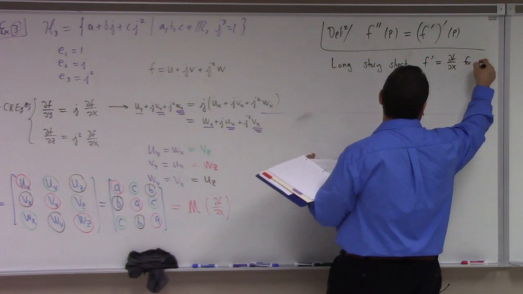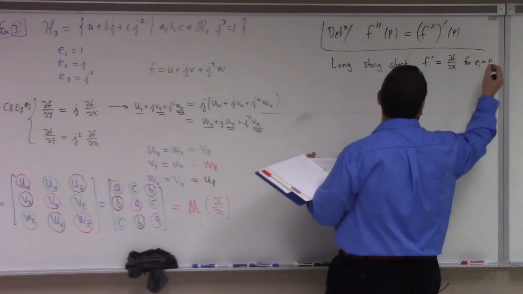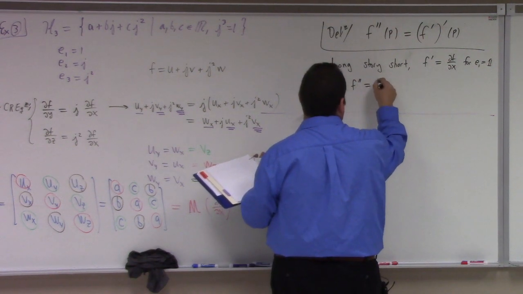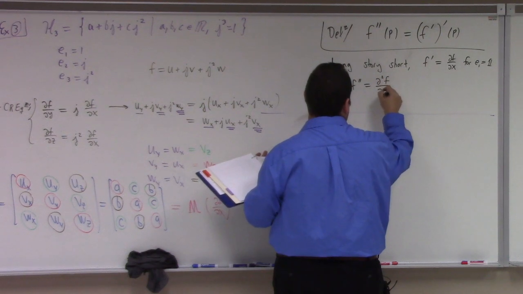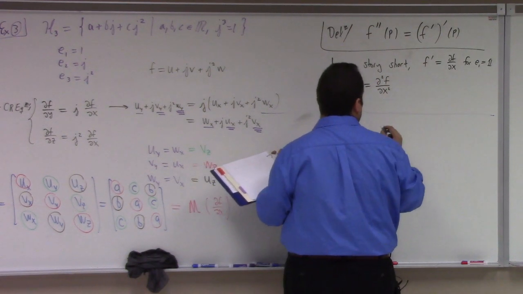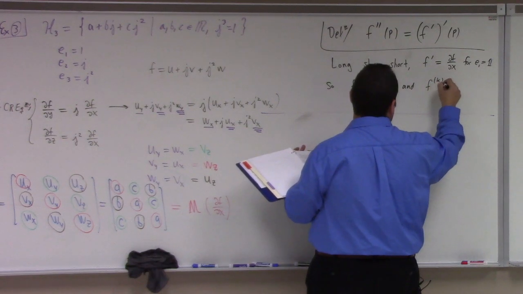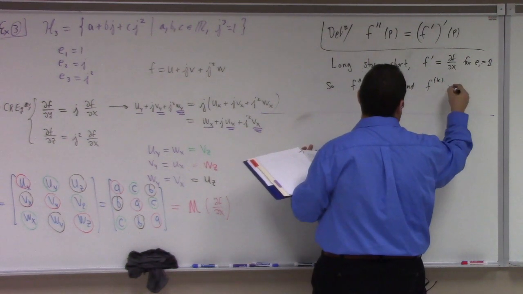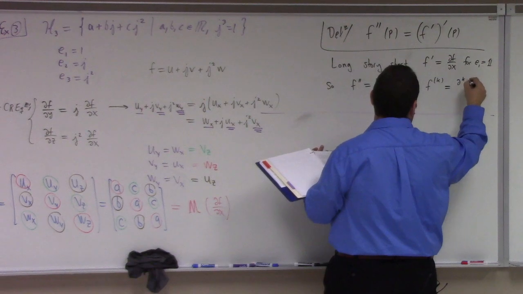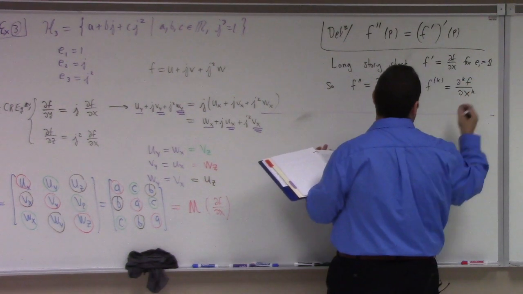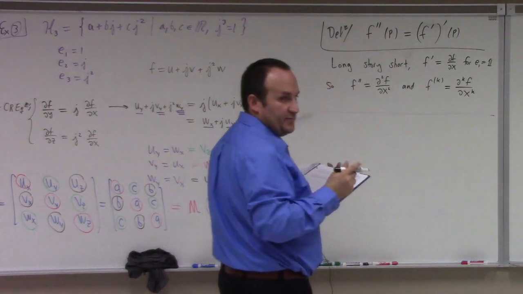For E1 equal to the identity. So actually, f prime prime ends up just being partial squared f partial x squared. And generally, the kth derivative in the sense of A-calculus is just the kth derivative of the first coordinate, just like that. But there's more.